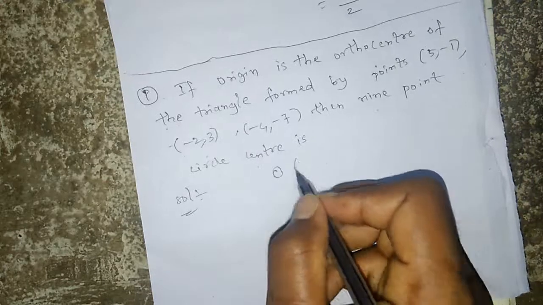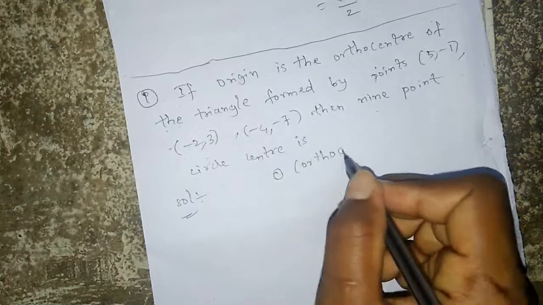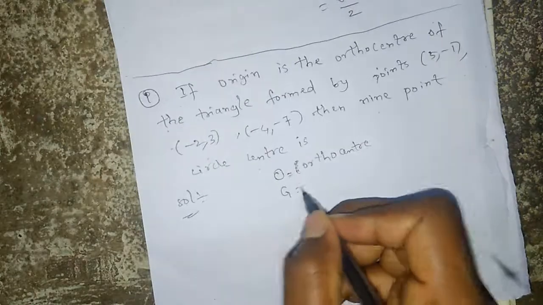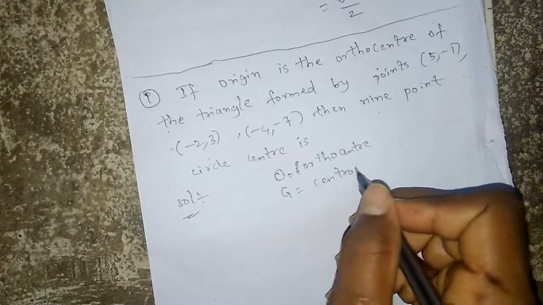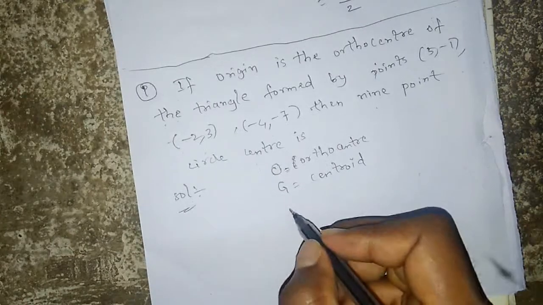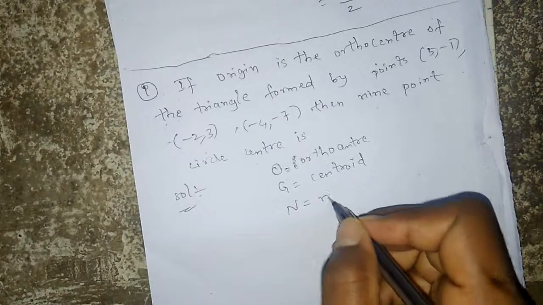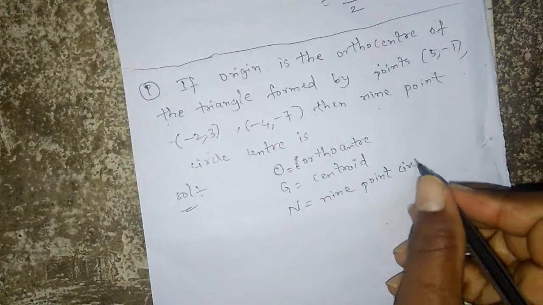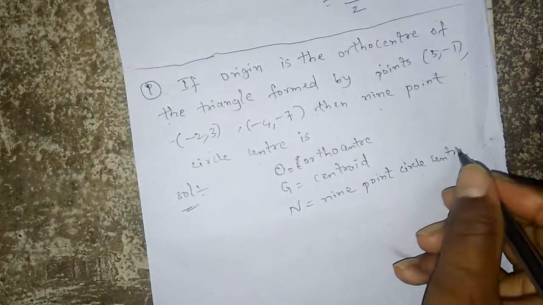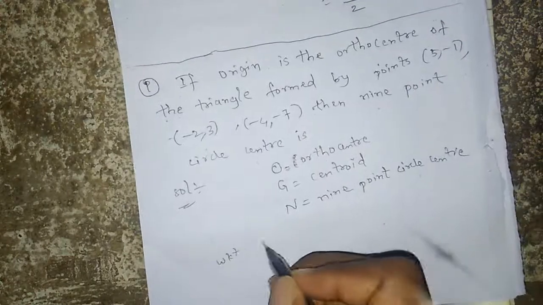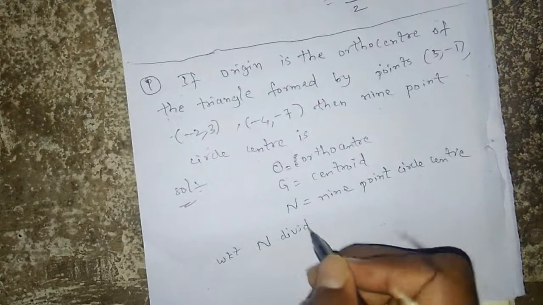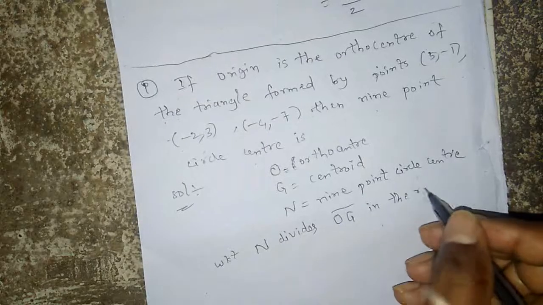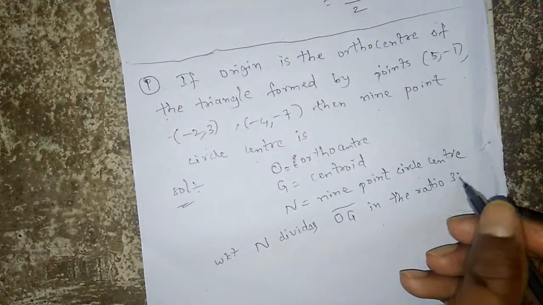So let O is orthocenter, G is centroid, and N is 9 point circle center. We know that N divides OG in the ratio 3:1.